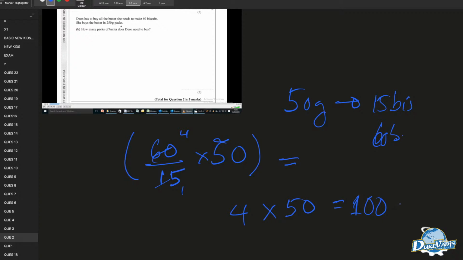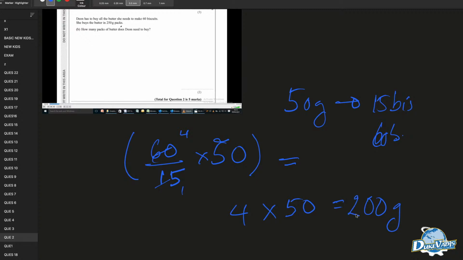That alone will give you 3 marks if you get it right. So that will give us 200 grams.